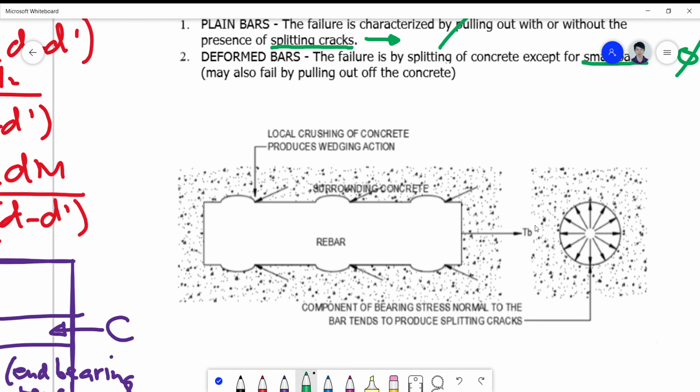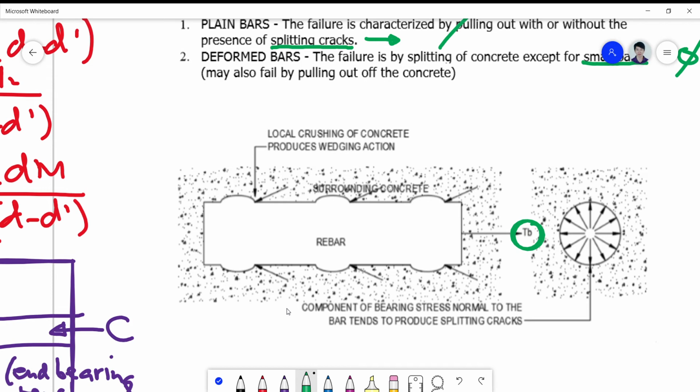When I pull this bar with a tension force of Tb, it's a single bar, I will expect that the concrete particles, especially those in the vicinity of this deformation, will resist or give considerable resistance due to the mechanical aggregate interlocking.